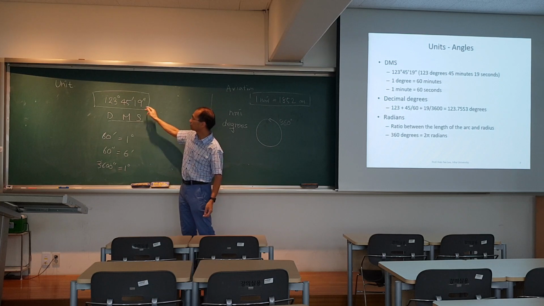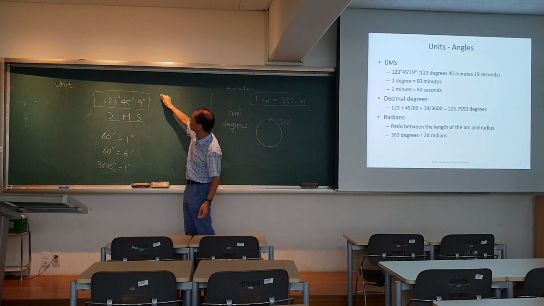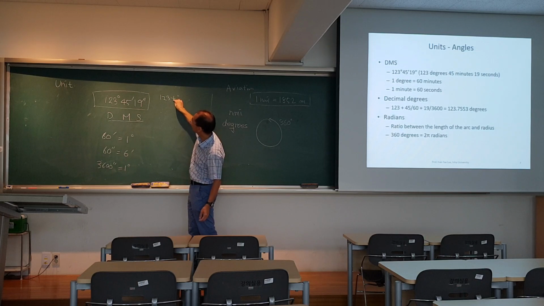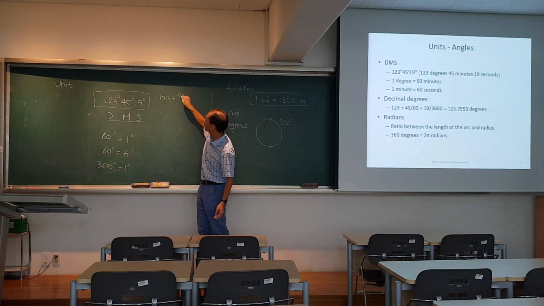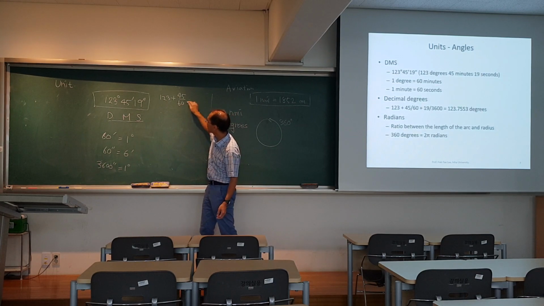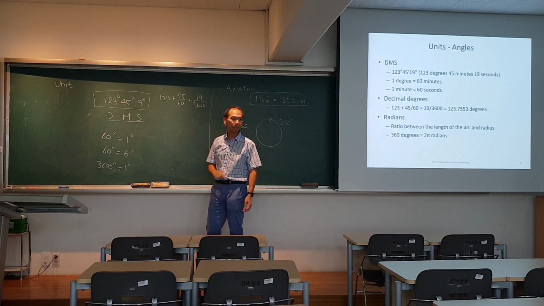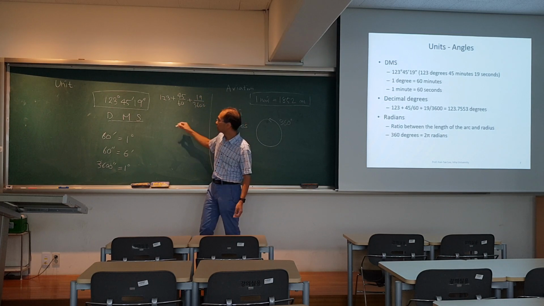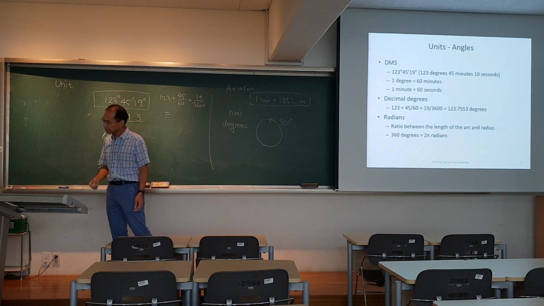Now, to convert this to just degrees, we can do this: the 45 minutes is 45 over 60, and the 19 seconds is 19 over 3600. If we do this, we will get everything in degrees.